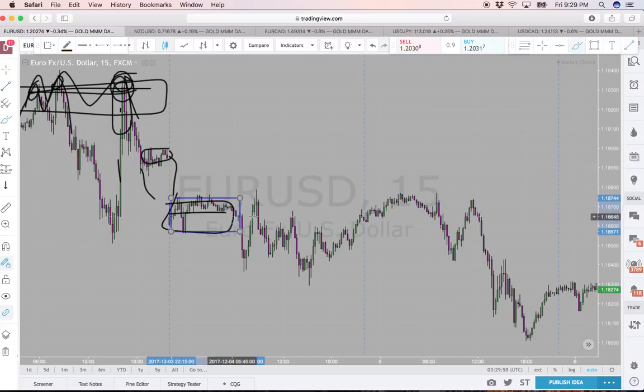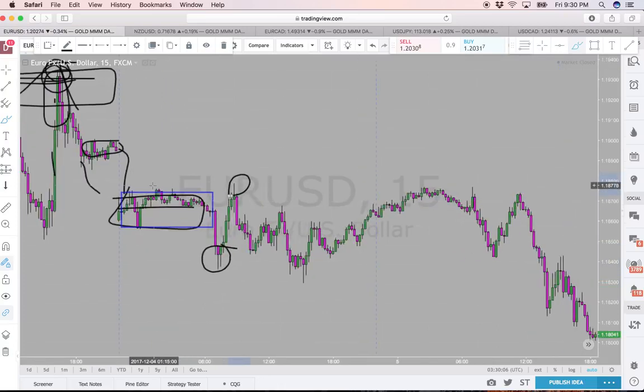Breakout to the low, activates sell stops. This wick breaks out to the high, activates the buy stops, and then price continues. Consolidating.